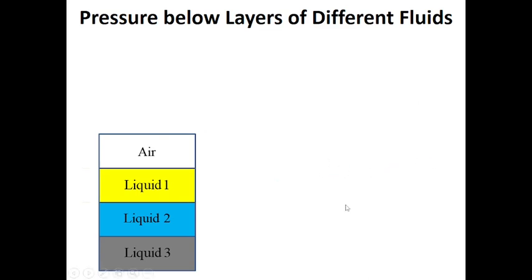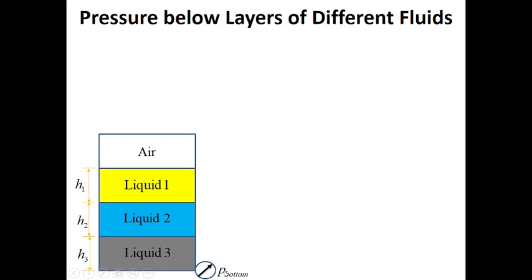So, in this case, let's consider the height of liquid 1, H1, the height of liquid 2, H2, and the height of liquid 3, H sub 3. Now, there's a pressure at the bottom.